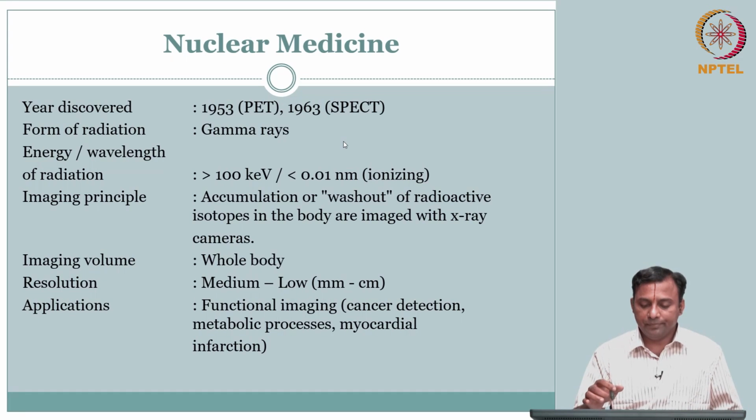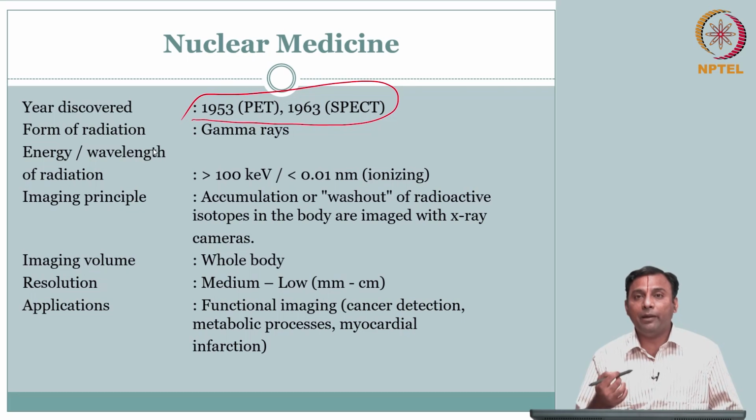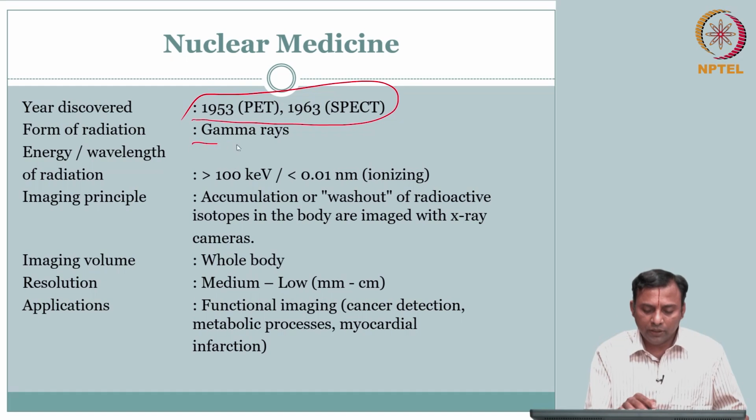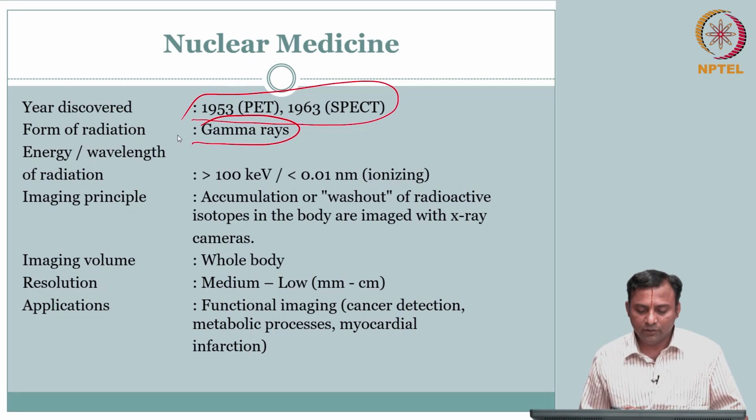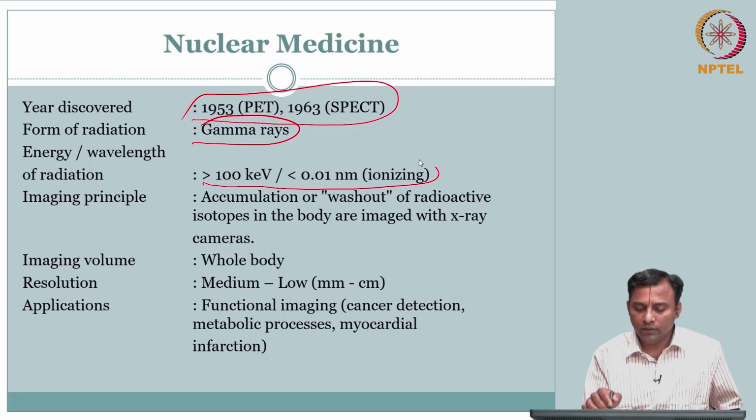Just to relate, as a system PET dates back to the 1950s. Here the radiation used is gamma radiation. In the electromagnetic spectrum chart that we saw, you can locate this as high energy.